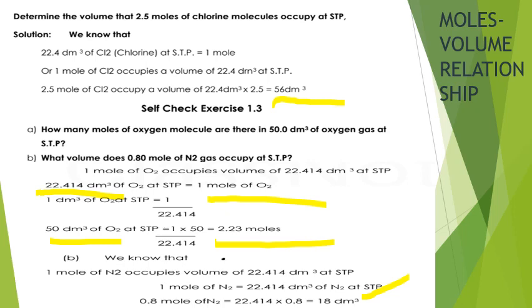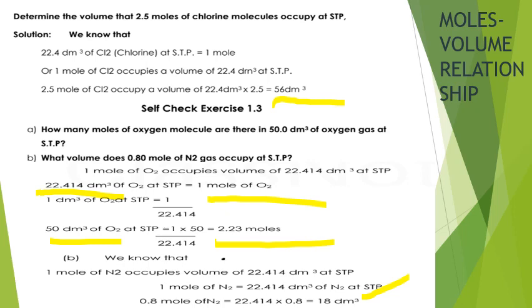Similarly, the B part is: what volume does 0.80 mole of N2 gas occupy at STP? Again, it is quite easy. He is asking what will be the volume occupied by 0.80 moles of N2. Again, remember the concept that 22.414 dm³ is equal to 1 mole.